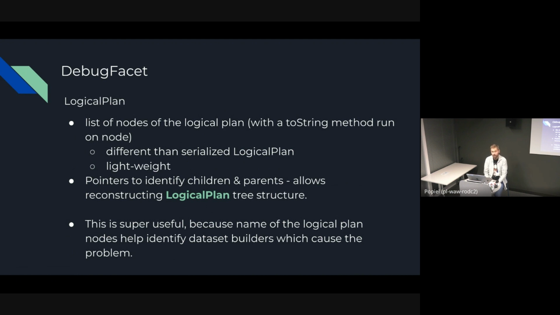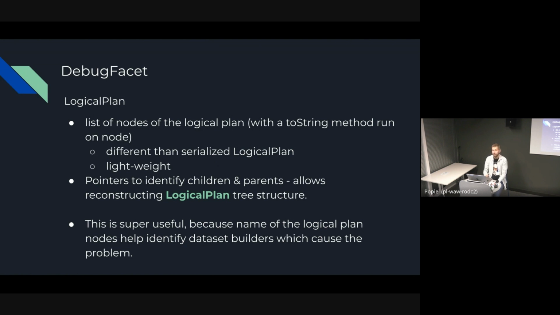It's a tree, and in general, the root of the tree is the output data set of the Spark job being run, and the leaves are the input data sets. And this plan can get big, and to get to know why the event looks like this, it's really important to know what plan has generated it, and we include it in the facet.